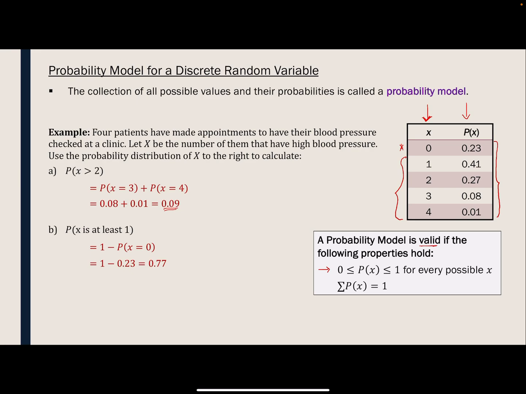And also, this has to include every possible outcome. So therefore, these probabilities should add up to 1. So this says the sum of all of the probabilities should equal 1 exactly. And if you were to add up all of these probabilities here, you will get 1 as your answer.